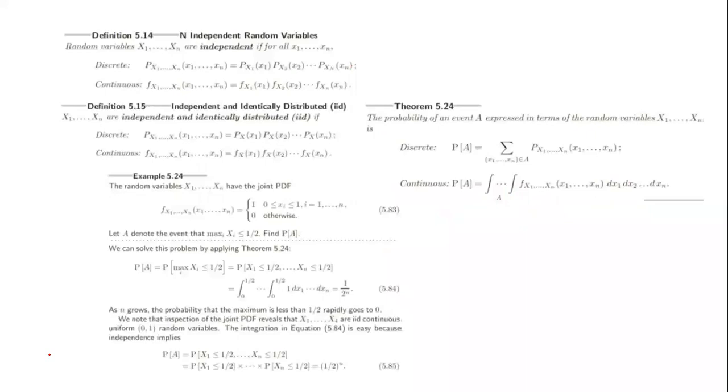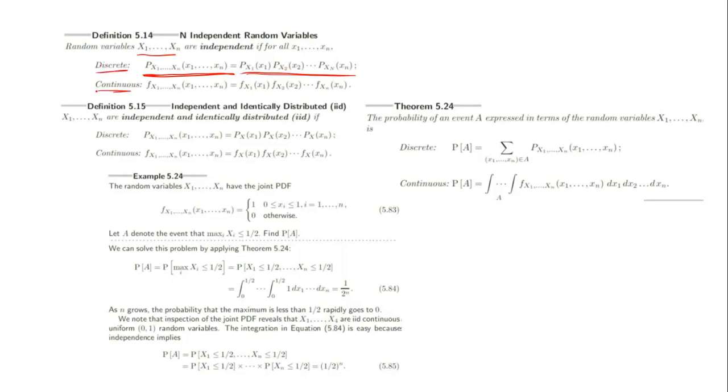Here we see two definitions: independency for random variables x1 to xn. The independent random variables can be defined such that the joint PMF should be equal to the multiplication of marginal PMFs for discrete random variables.